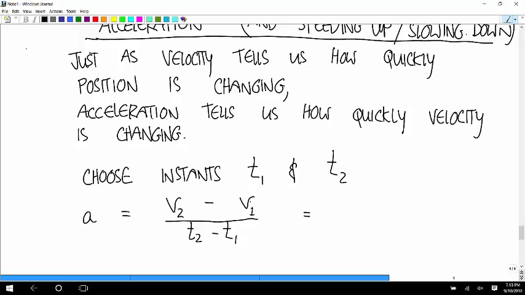Or equivalently, you could think of it as the velocity as a function of t at that point t2 minus the velocity as a function of t at t1, divided by t2 minus t1.